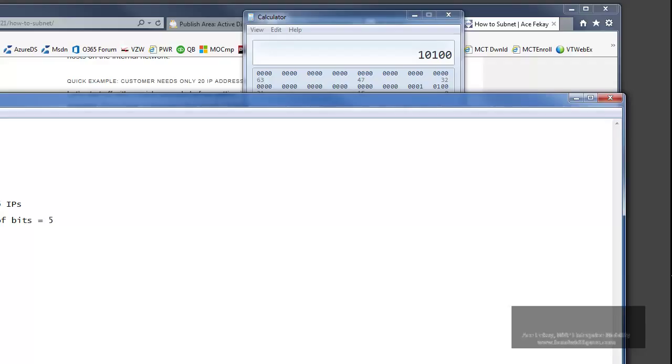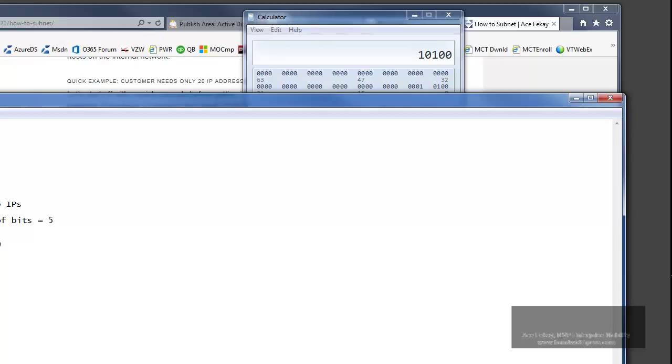The reason why is, when we look at this mask here, this mask actually equals 1, 2, 3, 4, 5, 6, 7, 8. That's what it really equals.